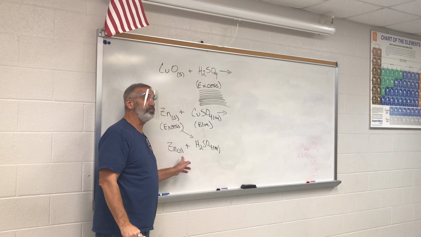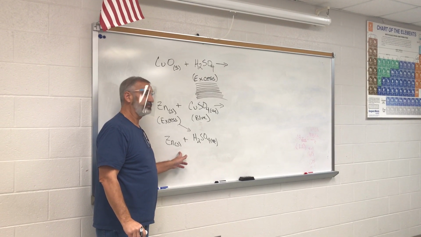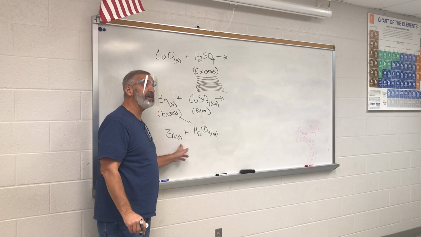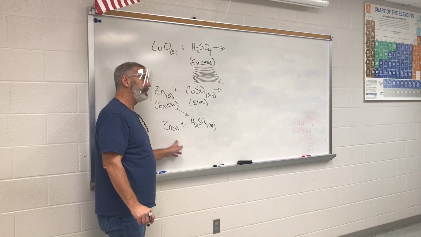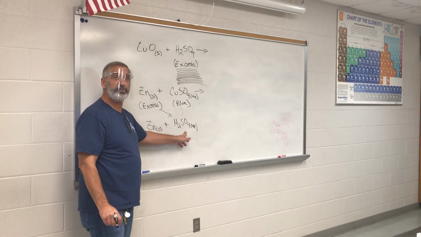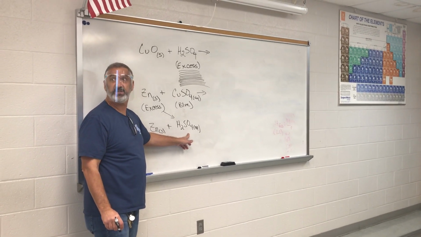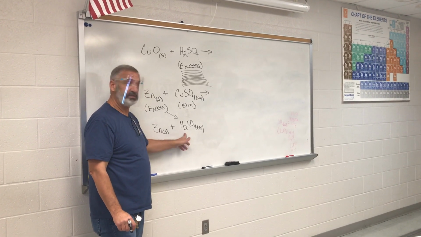What are you going to get? What type of reaction is this one? Single replacement. What are we going to get? Hydrogen and zinc sulfate. Zinc sulfate, which is colorless. Zinc compounds, remember, are colorless. And hydrogen gas, the bubbles.